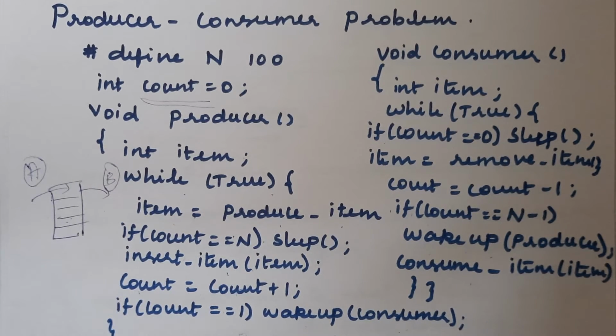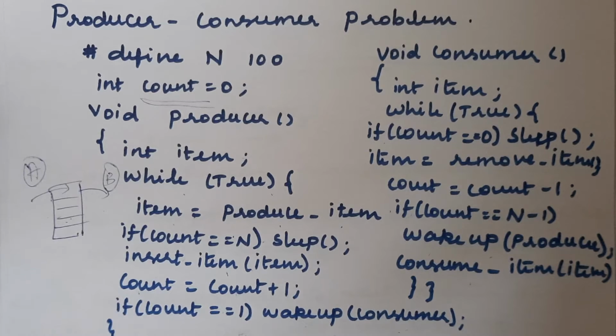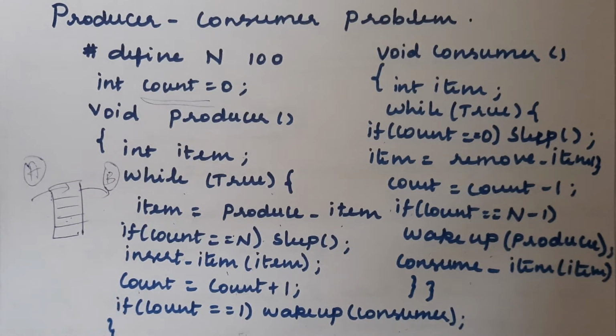And obviously we will not get any issue, but in some cases we may get the race condition. So what is the race condition? All these instructions that we have separately for producer and consumer, suppose these instructions do not execute atomically. So what is the meaning of atomic execution?